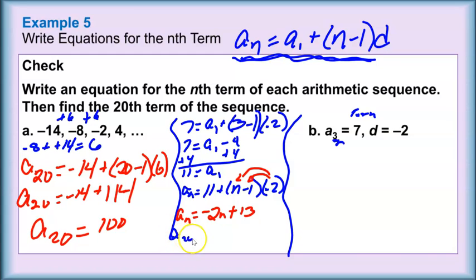So a subscript 20 would equal negative 2 times 20 plus 13. Negative 2 times 20 is negative 40, and negative 40 plus 13 would give us negative 27. So the 20th term would equal negative 27.